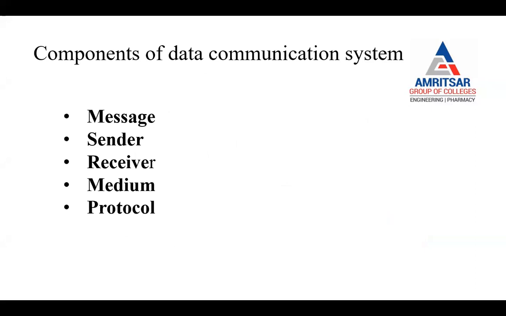Now the components of a data communication system. First is the message. The message is the information or data to be communicated. It can consist of text, pictures, video, or any combination of image and text. Second is the sender.